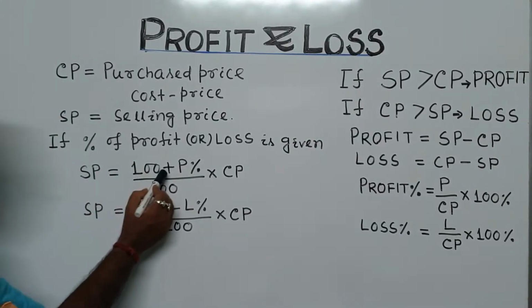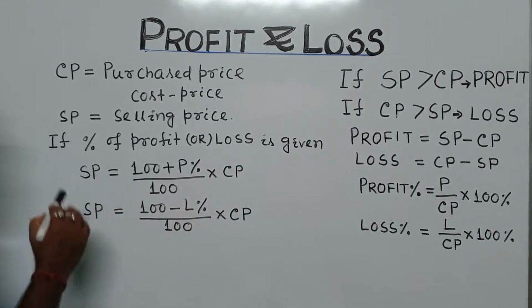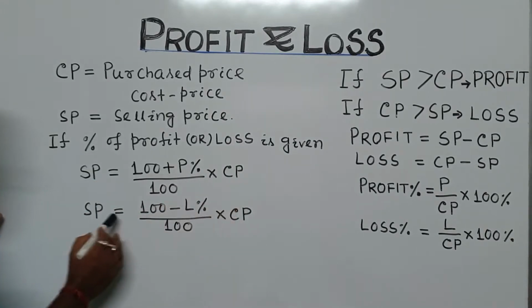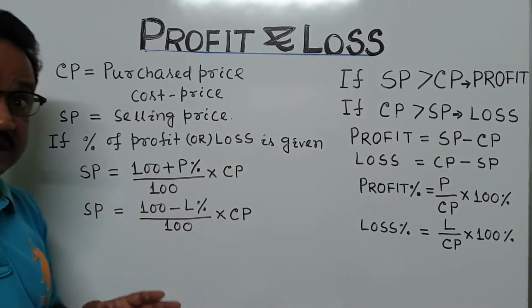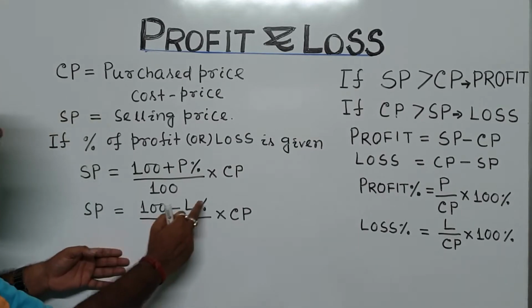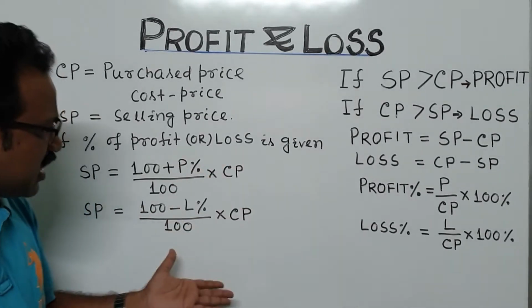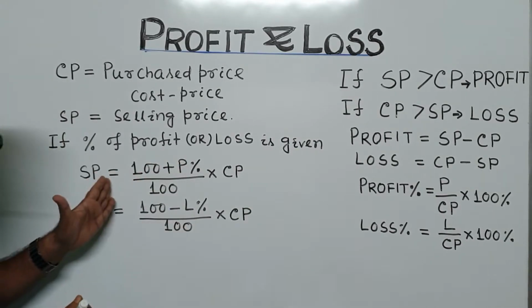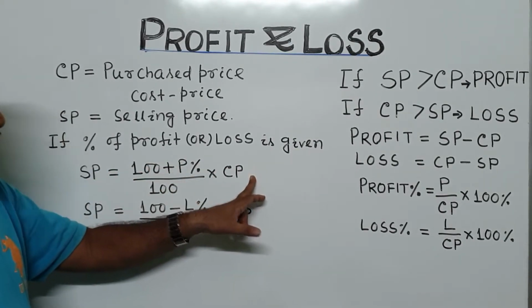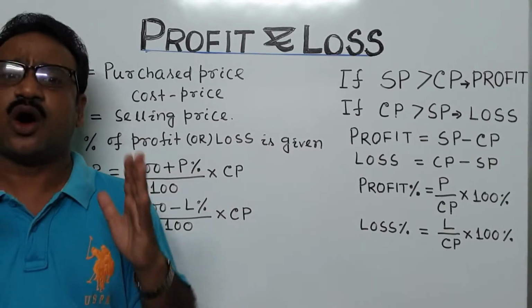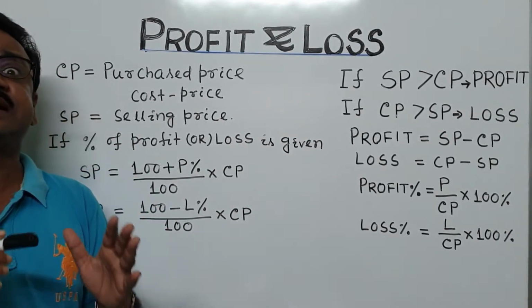SP is equal to (100 plus profit percent) by 100 into CP. And if loss, then (100 minus loss percent) by 100 into CP. Here we can find out the SP if CP is given and profit percent or loss percent is given.